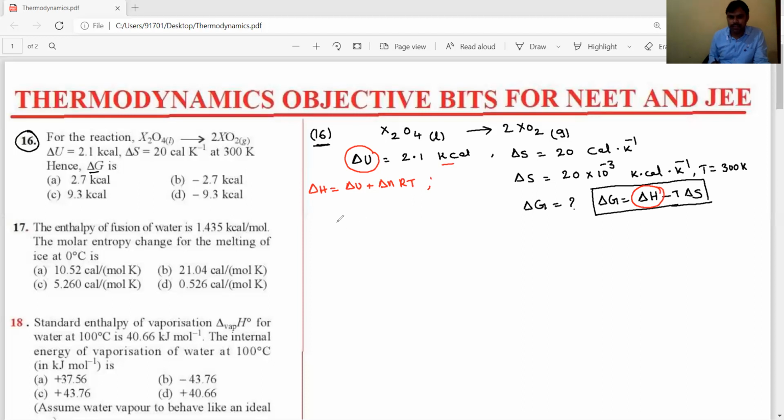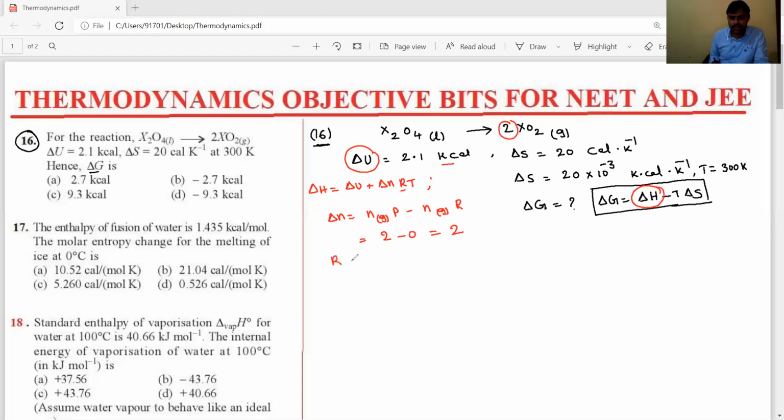The delta n value is equals to the number of moles of gaseous state products minus the number of moles of gaseous state reactants. The product has 2 moles of gas present, the reactants 0, so 2 minus 0 is equals to 2, delta n is equals to 2. And the R value in terms of calories we need to write.